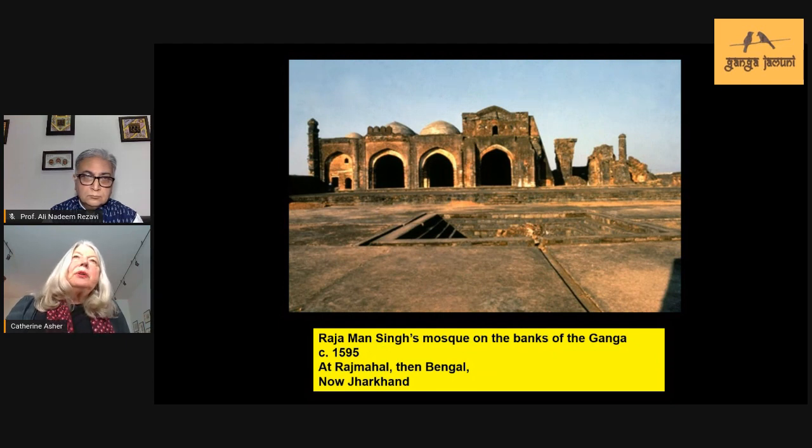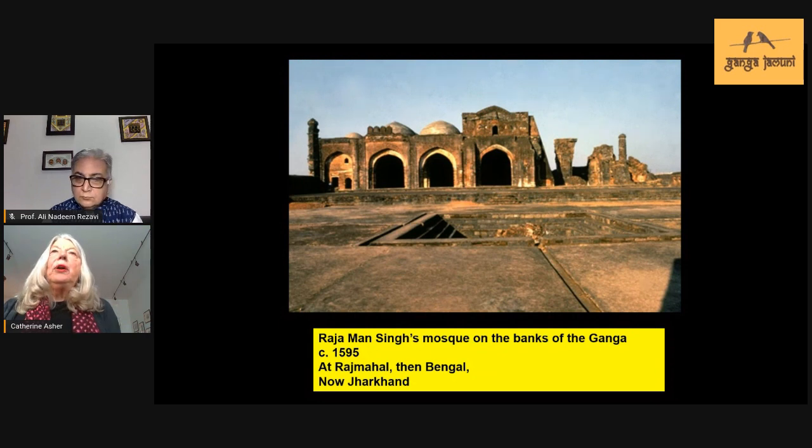But he also built, after he became governor of Bengal, a mosque on the banks of the Ganges. Today, a Jami Mosque. He built this around 1595 or so at Rajmahal, which then was Bengal, became Bihar, and now is Jharkhand.